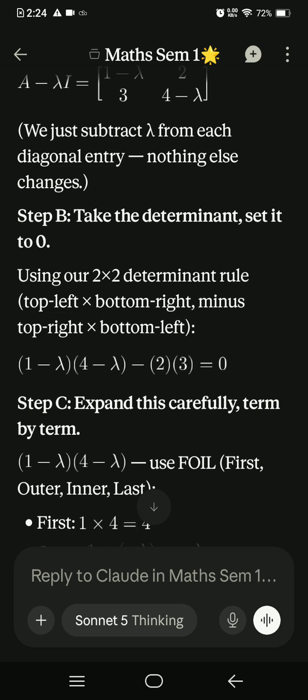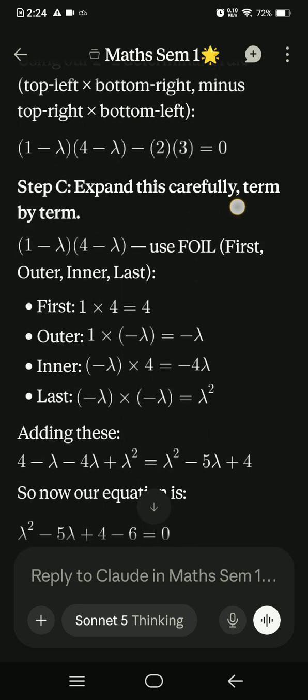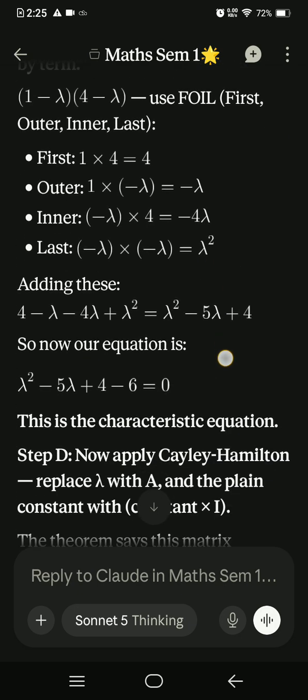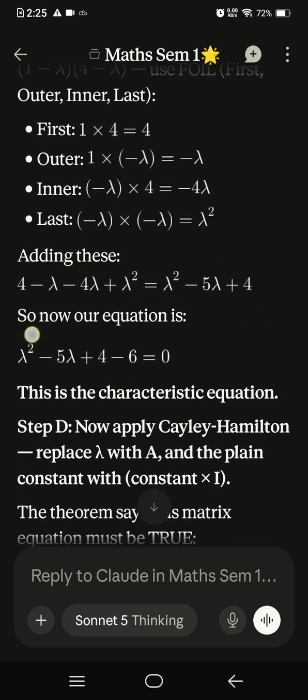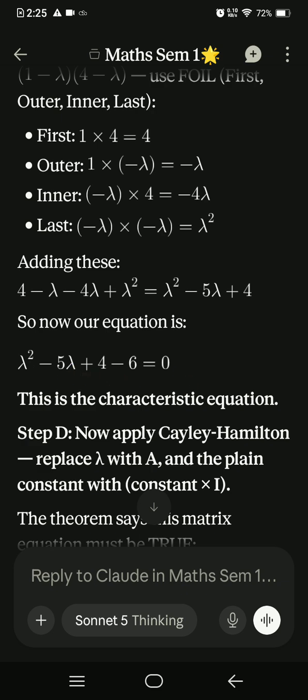Now using the 2 by 2 determinant rule, top left times bottom right minus top right times bottom left, we calculate the determinant. Expand this carefully term by term. Use FOIL: first, outer, inner, last. First 1 times 4, then 1 times minus lambda, minus lambda times 4, and minus lambda times minus lambda. Adding these, we have our equation. This is the characteristic equation.